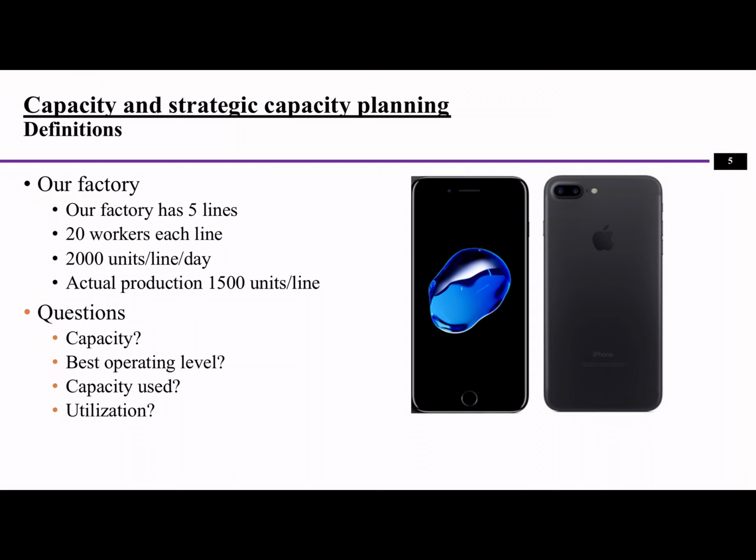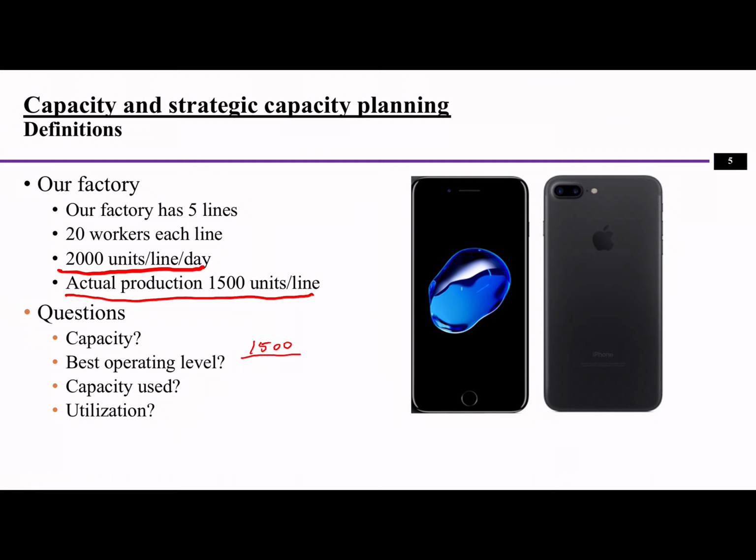Now it's asking what the capacity is, what the best operation level is, and what the capacity used and the utilization are, right? We know the actual production volume is 1,500 units, while the daily maximum capacity can reach 2,000, right?